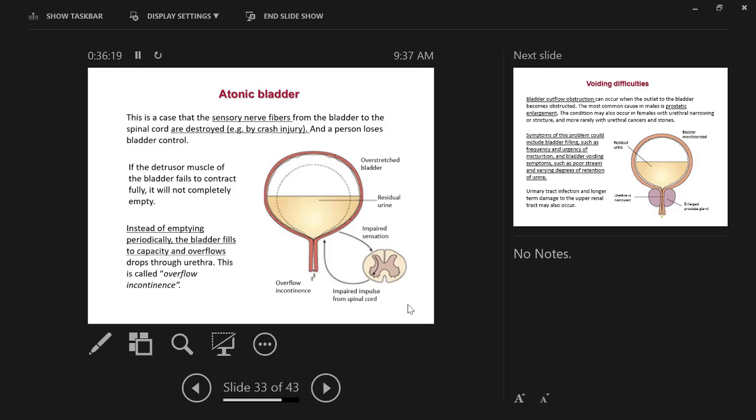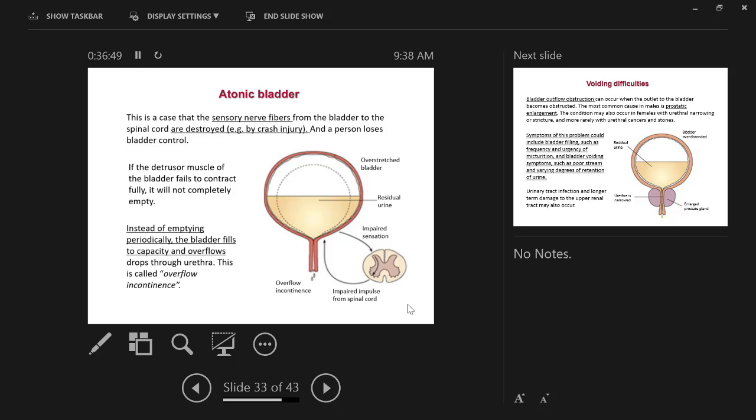So next disease you might see in the hospital is atonic bladder. In this case, the sensory nerve fibers are destroyed by, let's say, a crash injury. Because of that, this system is destroyed, so there is impaired impulse from the spinal cord and impaired sensation too.